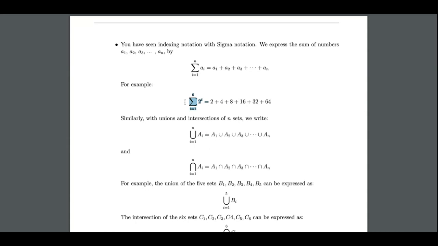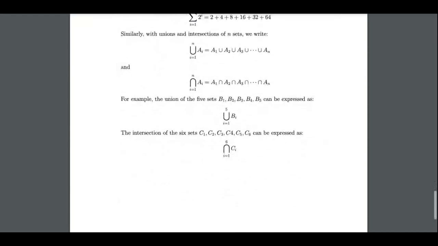Similarly, for the intersection, which is an upward U, intersect Ai and let i go from 1 up to n.